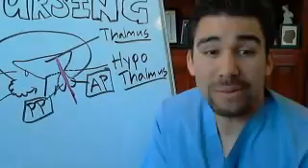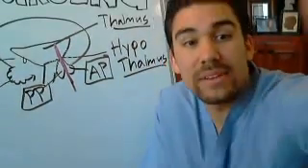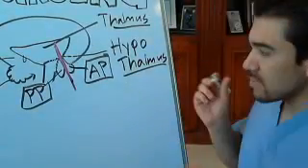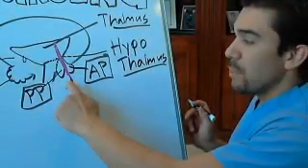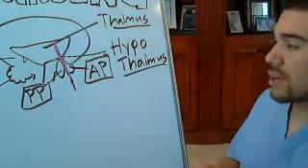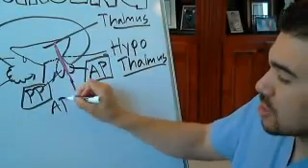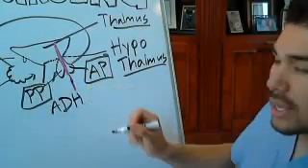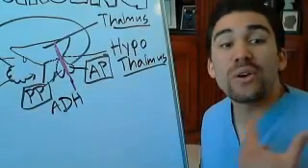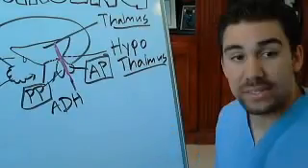Sometimes even I say I have to go pee-pee. So your posterior pituitary is responsible for what's called antidiuretic hormone, ADH.